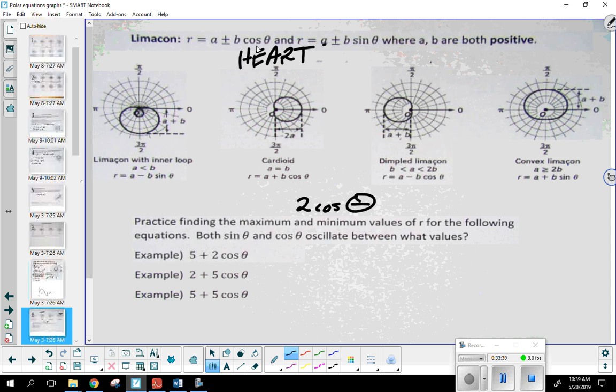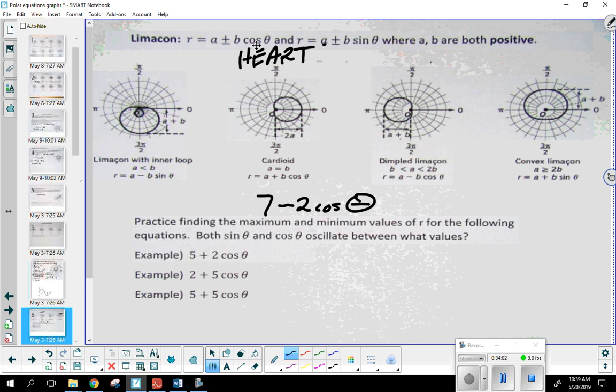Above, below, right, or left? That would be a circle. It would be symmetric with the polar axis or pi over 2? Polar axis, because it's cosine. It's positive, so it would be to the right. But the fact that I'm subtracting that from another value, it's no longer a circle. It's what we call a limaçon.